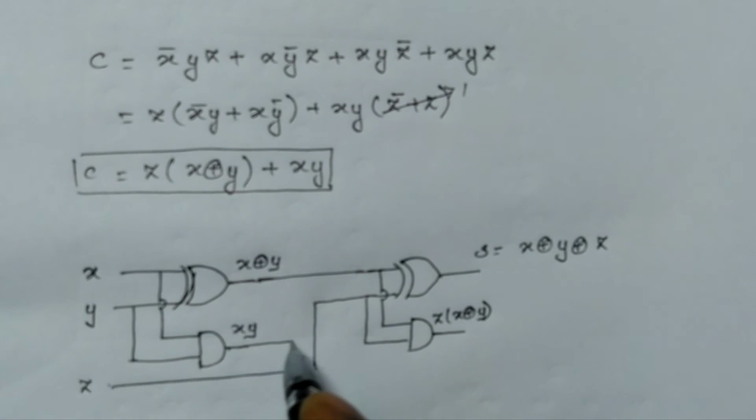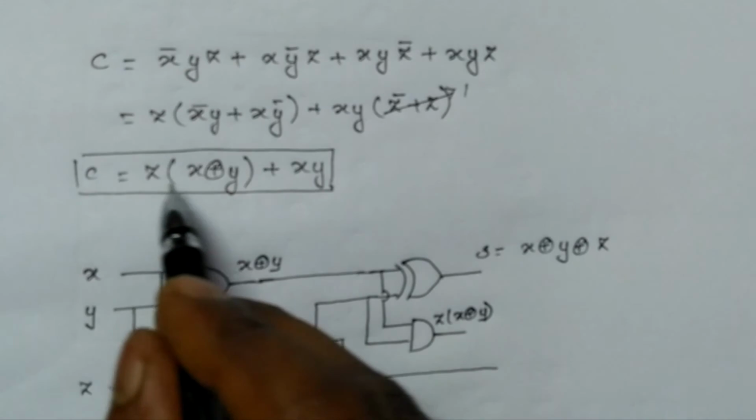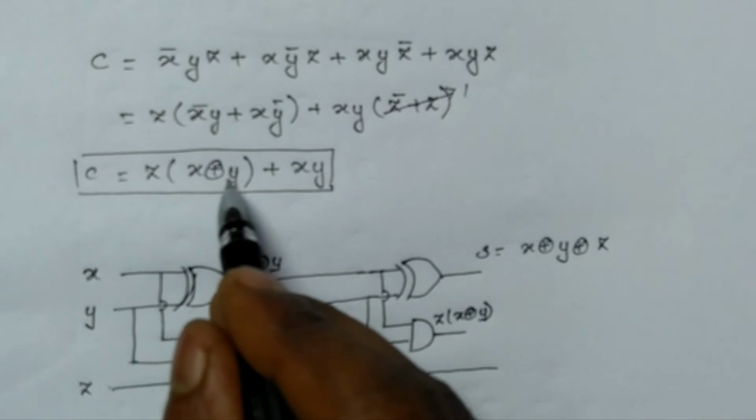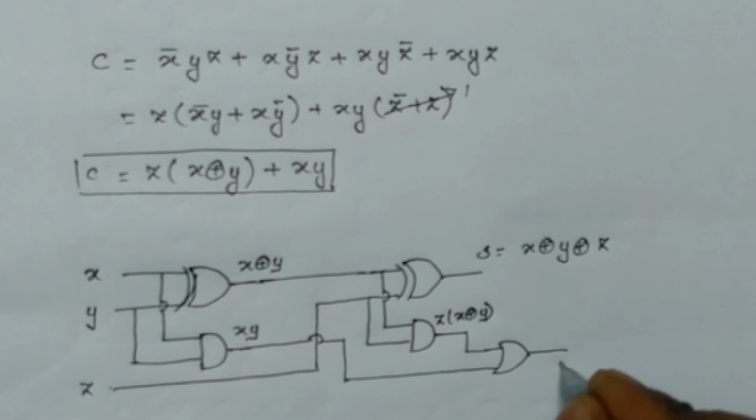So here I am having XY and another input should be Z into X XOR Y. So here we are performing an OR operation, and which is equivalent to carry.